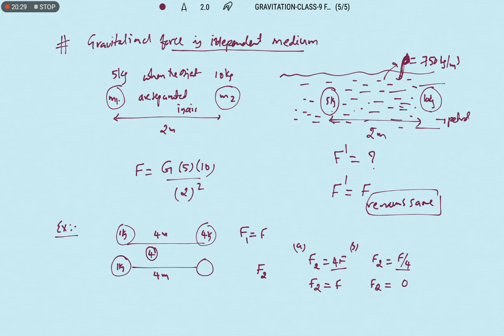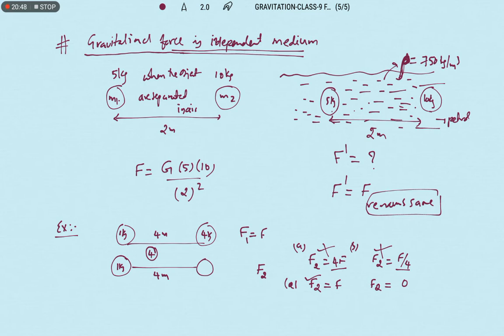But what is our main concept here? Gravitational force is independent of the medium present between the bodies, that's why it never changes. So our option will be C, it doesn't change.